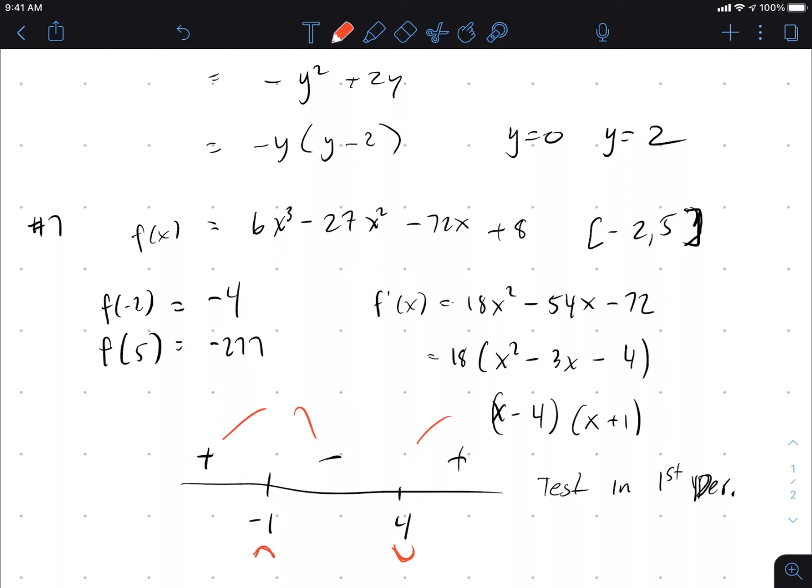Okay, cool. So then what I need to do now is plug into the original function. I need to plug in f of -1 and f of 4. So, shoot. Going back to my calculator. I'm just going to plug in these values.